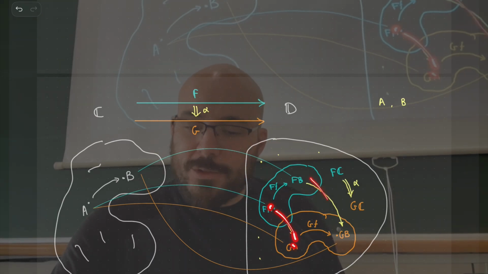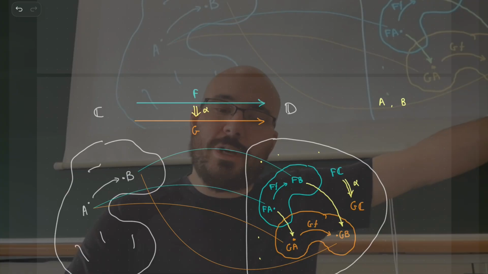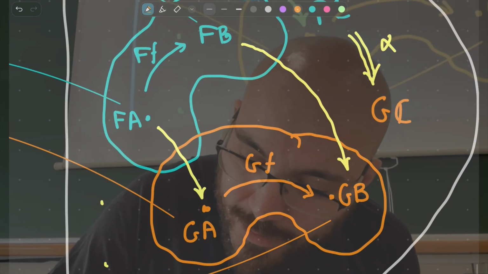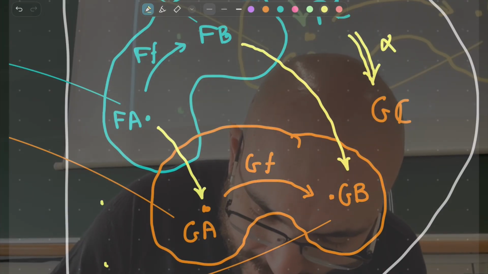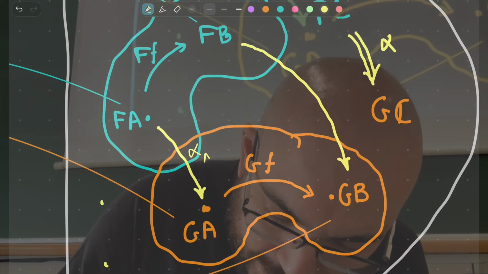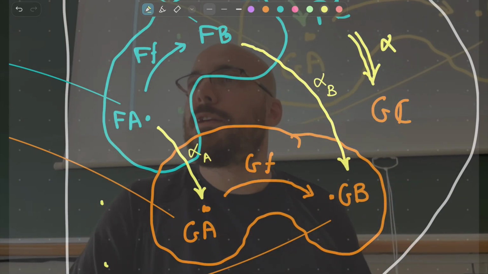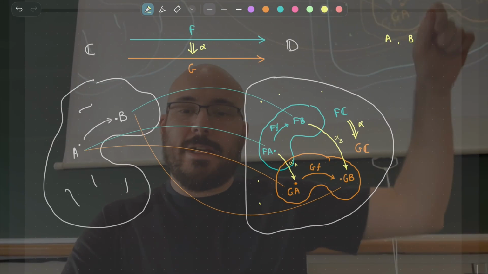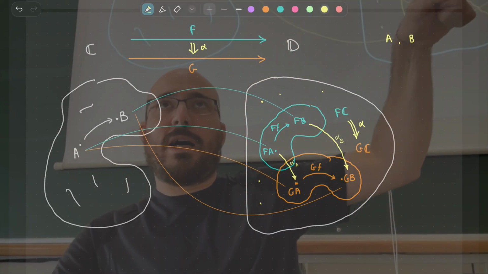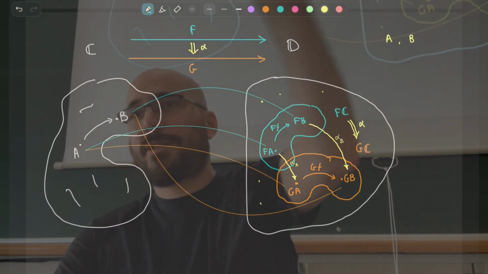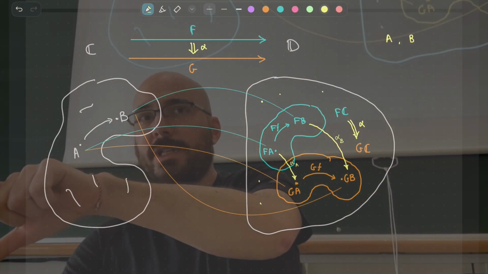So how many yellow things do you need to give me? As many as objects you have in C. So a natural index here would be: this is the alpha that deals with the object A, and this is the part of alpha that deals with the object B. So in general, for each object in C, you will have to tell me how to go from the blue image of this object to the orange image of this object, right?